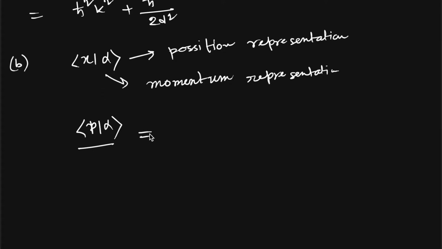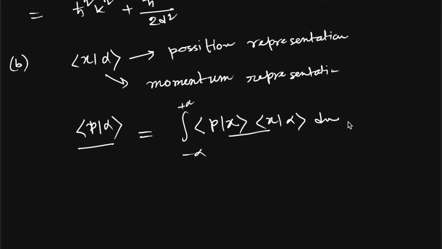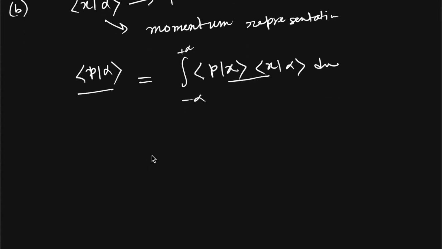Let us again use the completeness relation, integral |x><x| dx from minus infinity to plus infinity, since this is equal to the unit identity operator, since x eigenkets are complete eigenkets.